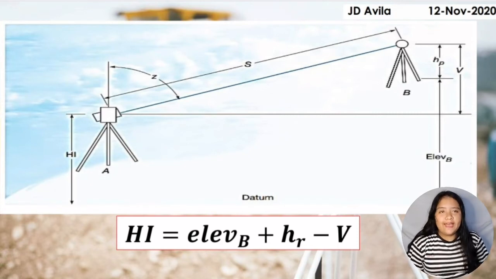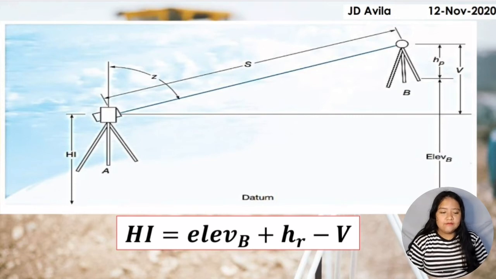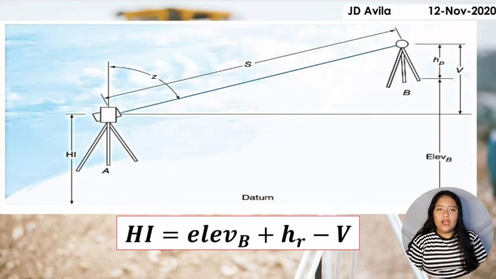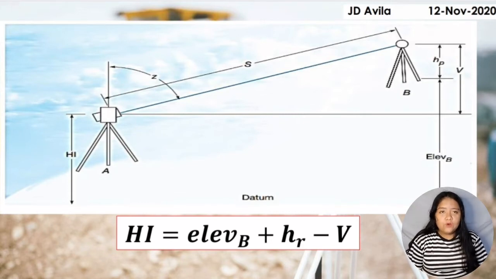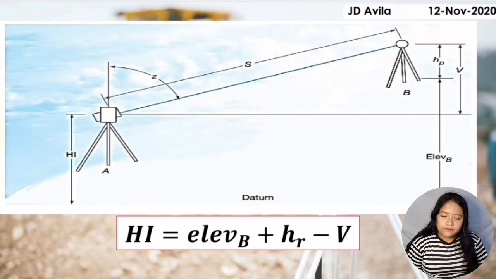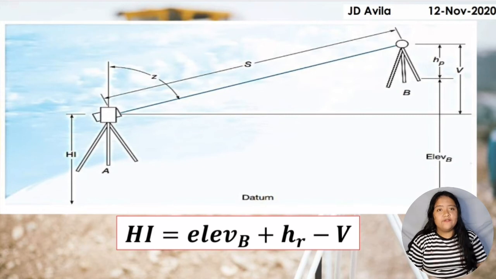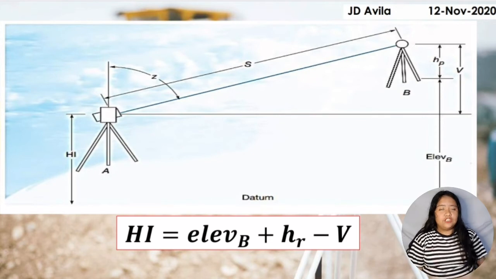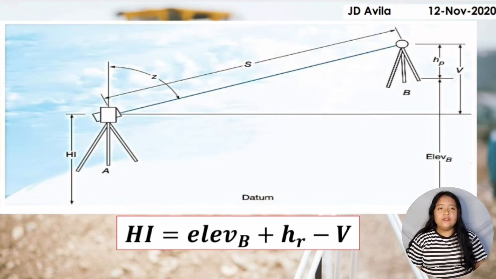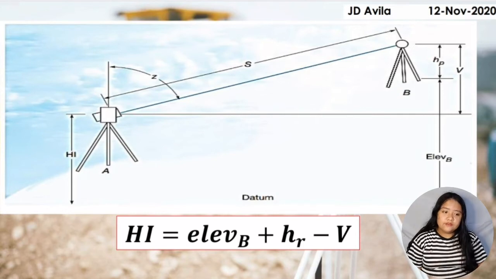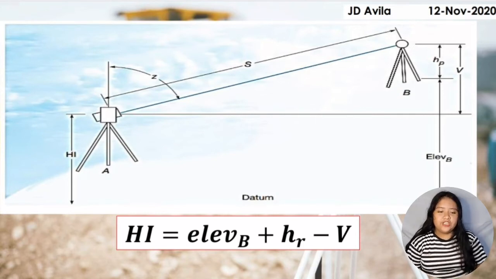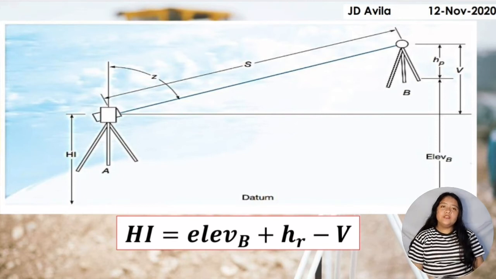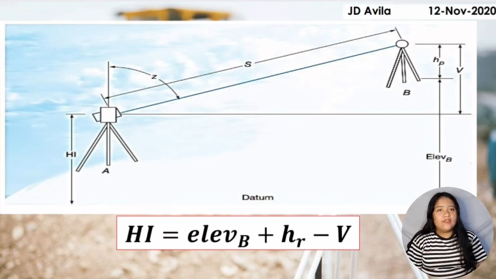From slope distance S and zenith angle Z, the instrument computes V. Then the HI, or the height of instrument above the point, is equal to elevation B plus the HR minus V, where HR is the reflector height above station B. As with horizontal orientation, it is good practice to check the instrument's vertical orientation by sighting a second vertical control point. Once orientation is completed, project stakeout can begin.